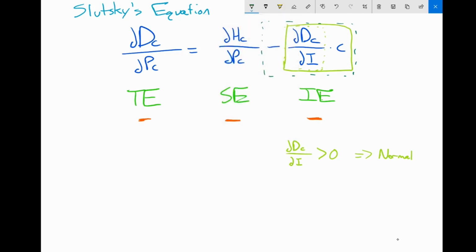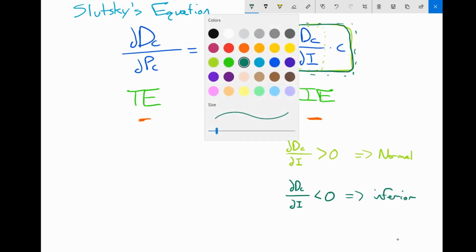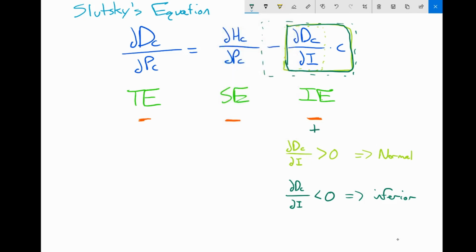However, if demand goes down as income goes up, this would be an inferior good. That would mean that this whole term here instead is negative. And so if you subtract a negative, that would imply that the income effect is positive.